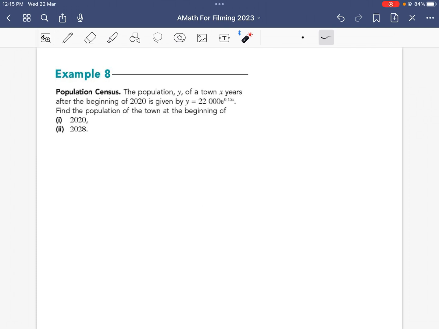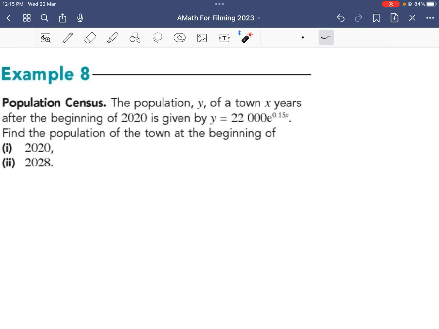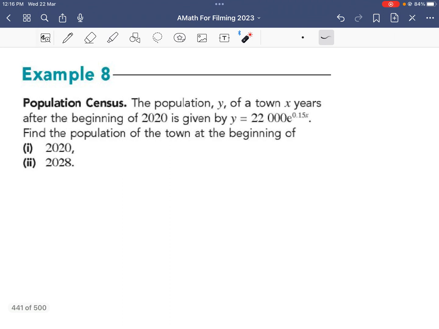For example 8, this question is about a population census. The population Y of a town X years after the beginning of 2020 is given by Y equals 22,000 e to the power 0.15x. So what we are looking at here is X years.